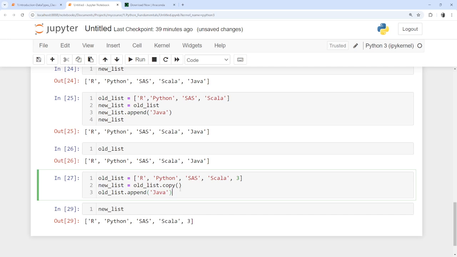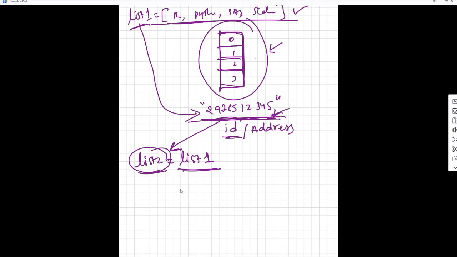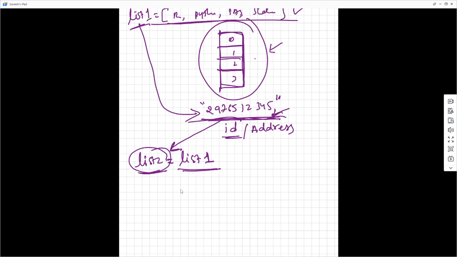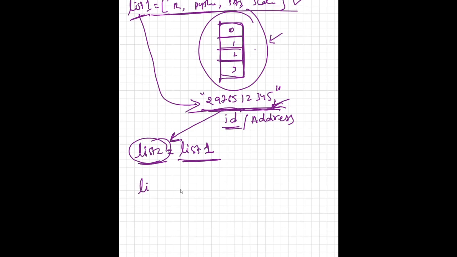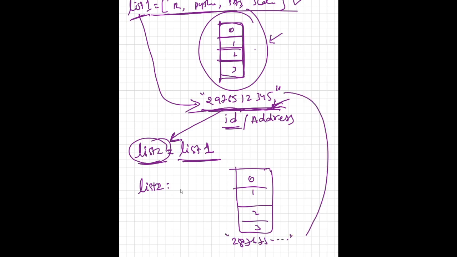So in this case, what happened? We did the deep copy. Deep copy in the sense that the list2 we have created from the existing list 1, with values 0, 1, 2, 3, will have a completely new address. This and this are not equal.